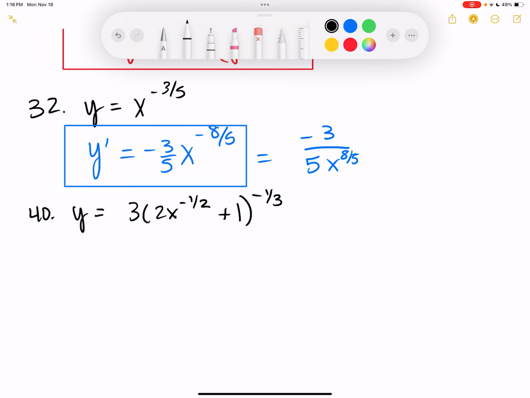All right. Y prime equals negative 1, so there's a negative.